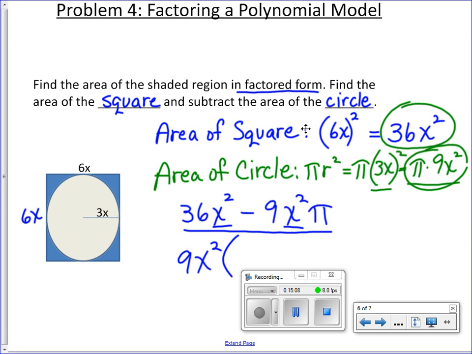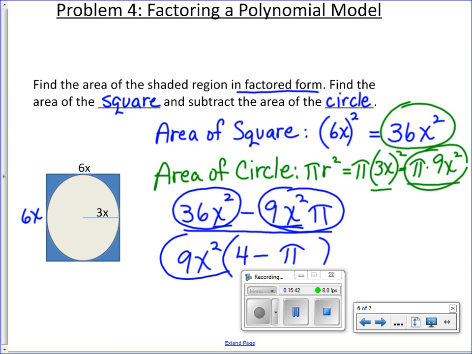Now, drawing my parentheses, I'm going to ask myself 9x squared times what will give me 36x squared? And that would be 4. 9x squared times 4 gives 36x squared. Also, 9x squared times what will give 9x squared pi? Well, I see a 9x squared right here, so all I really have is the pi. And so my factored form would be 9x squared times the quantity 4 minus pi.